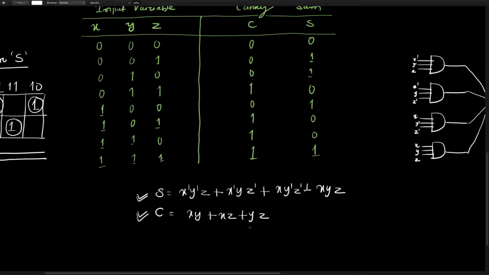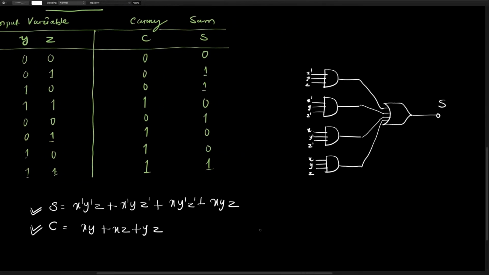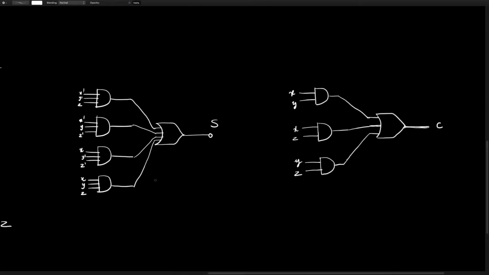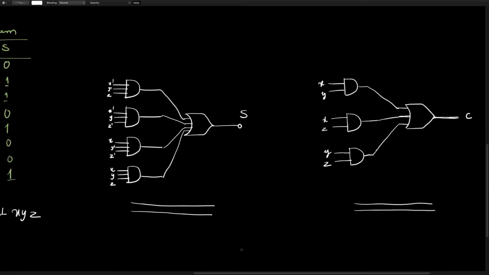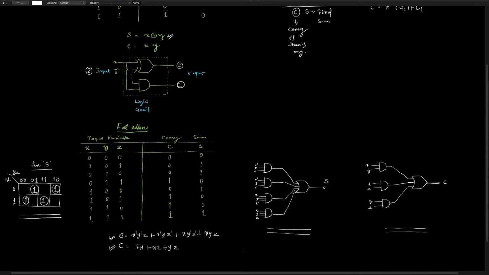I'm not doing that, as it would be lengthy and it is simple to understand, so you can do it yourself. The logic diagram is just like this, a 2-level implementation with AND and OR, again AND and OR. So this is your half adder and full adder.